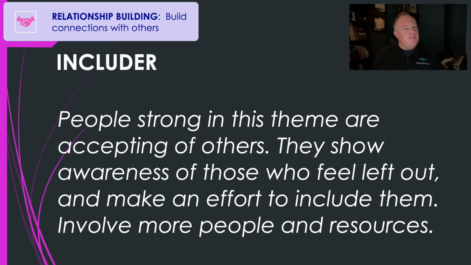So some potential blind spots for includer: you might have trouble relating to people that have disproportionate power. What I mean by that is if someone is anointed some power, like they have some big office or some big title, you might have trouble getting along with that person, or at least giving them undue respect or just blind respect, because you feel that everybody should be included and everybody's on par.